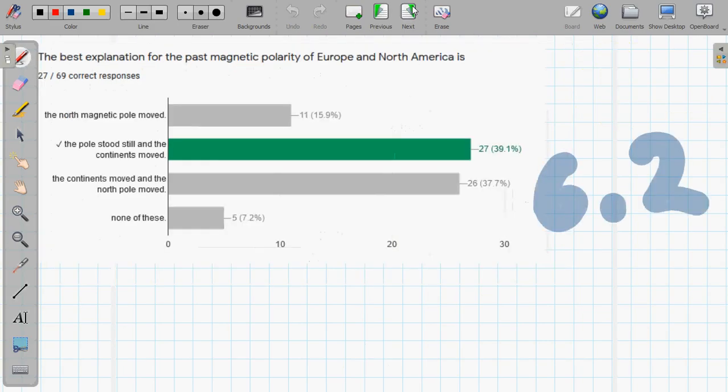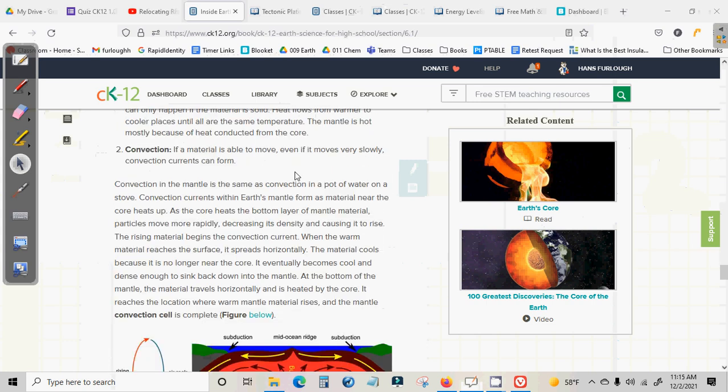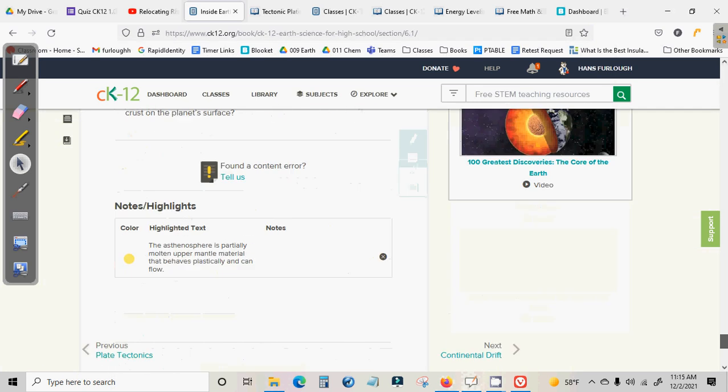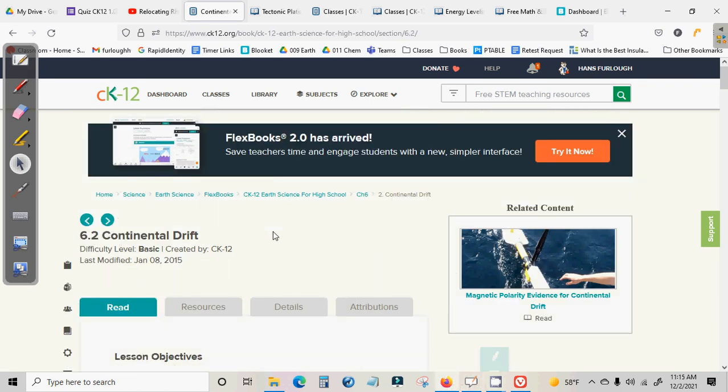The best explanation for the past magnetic polarity of Europe and North America: the North Pole stayed more or less in the same place, and the continents drifted. All right. So again, if we look in our textbook, that is going to be in lesson 2 on continental drift.